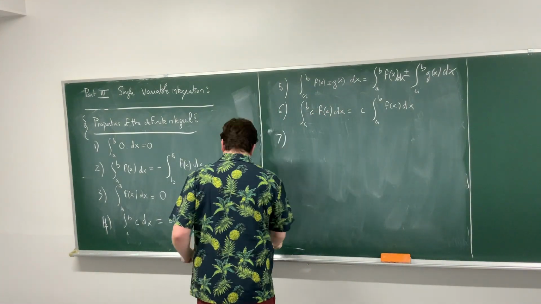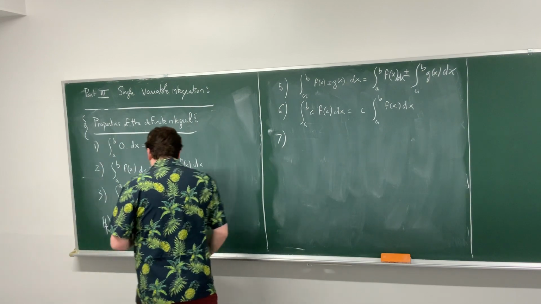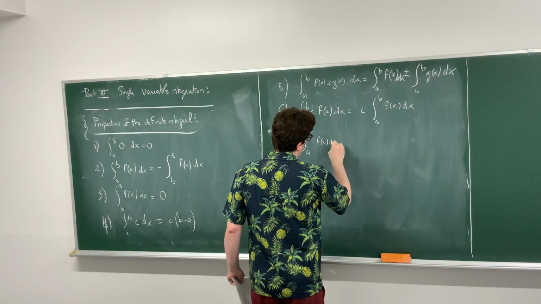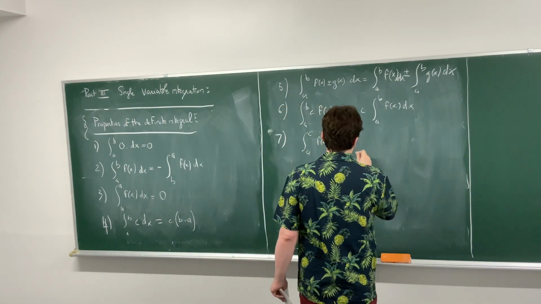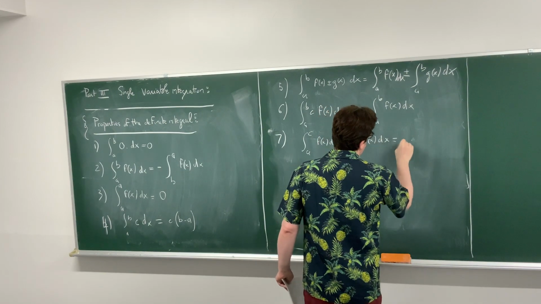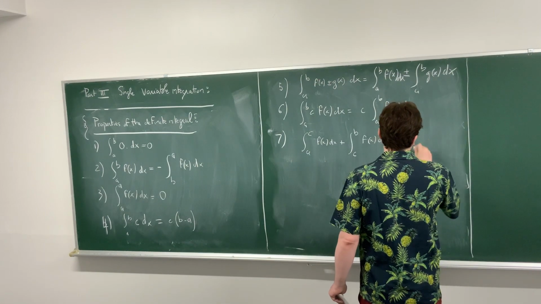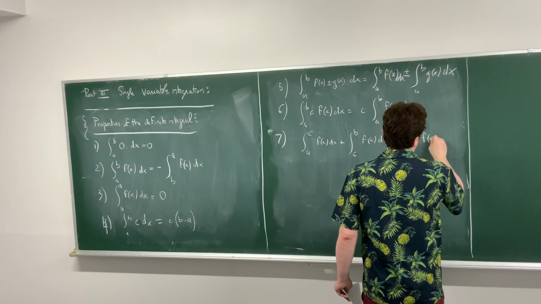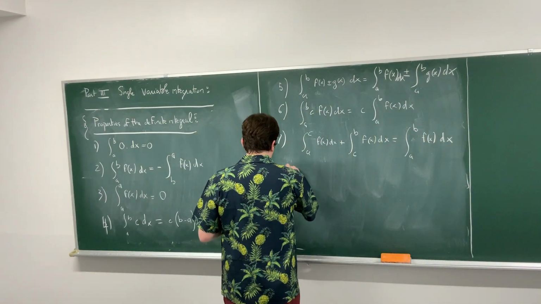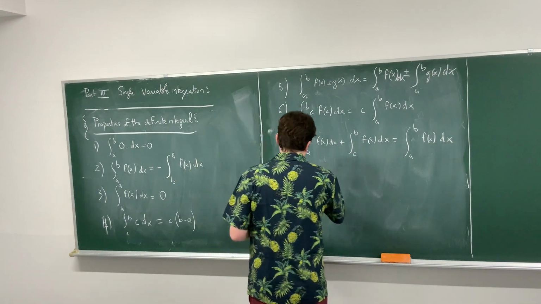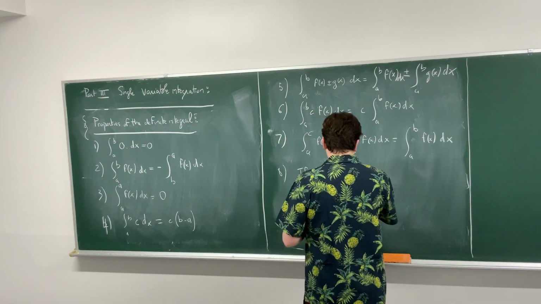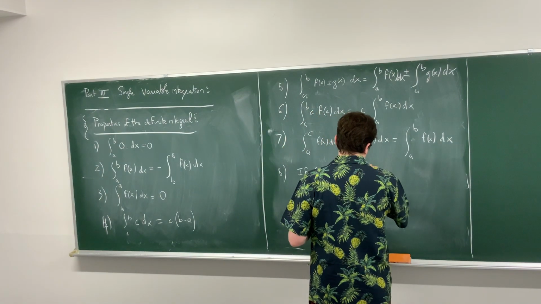Property 7: if you consider the integral between a and c of f of x dx plus the integral between c and b of f of x dx, then this is equal to the integral between a and b of f of x dx. Now, property 8: if f of x is greater than 0, then so is its integral.